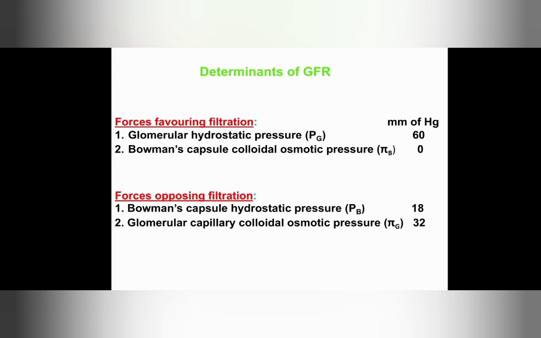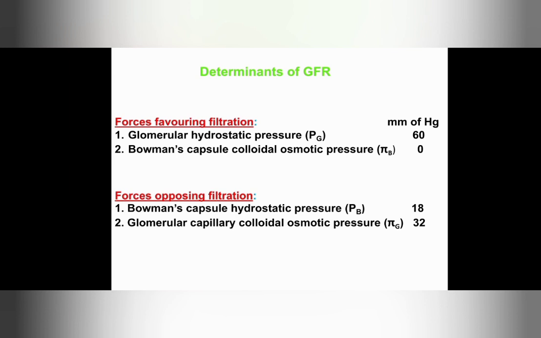Second are the forces opposing the filtration. These forces do not favor the filtration; they resist it. What are they? Bowman's capsule hydrostatic pressure. The fluid just filtered out from the capillaries builds up in small amounts inside the Bowman's capsule. That filtered fluid has some kind of hydrostatic pressure, and this pressure resists the filtration.